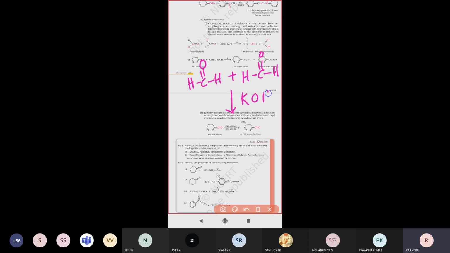The pi electrons migrate towards the oxygen atom side, so this carbon gets a positive sign and this oxygen atom gets a negative sign.